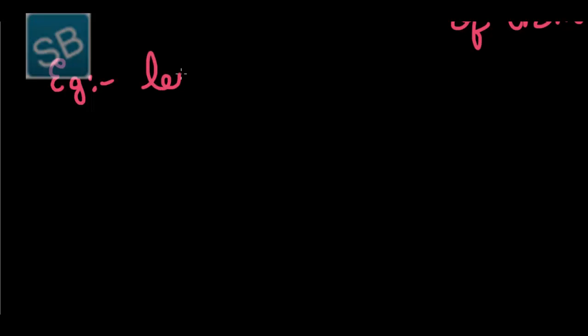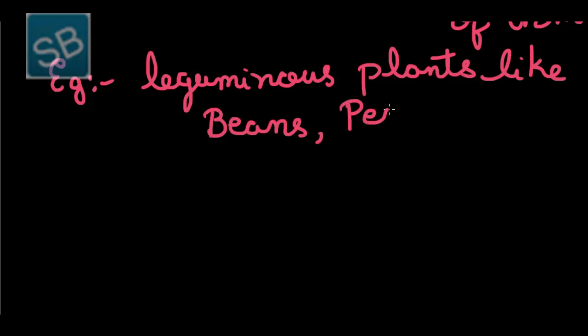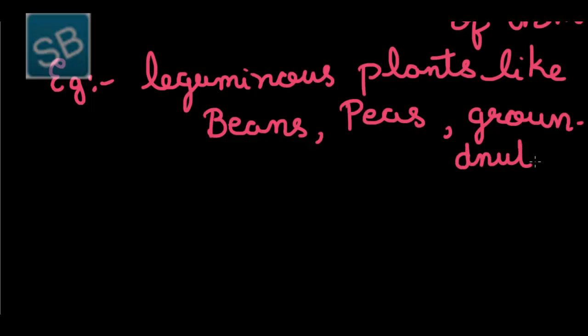Example, leguminous plants like beans, groundnut, and peas possess small or large nodules on their root system. Such nodules are known as root nodules.